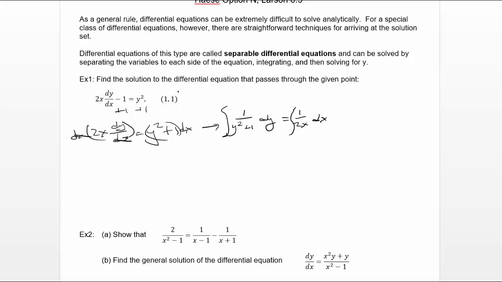Additionally, we have an initial point. We're going to find the particular solution to this, meaning when we get this constant of integration, I'm going to substitute in 1, 1, and eliminate the plus c that we're going to get.